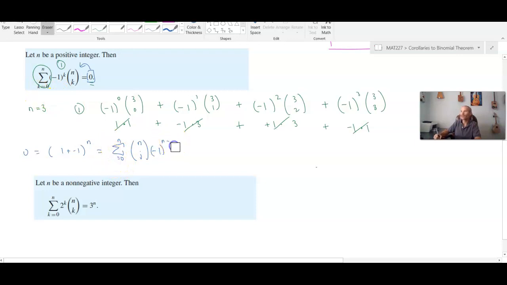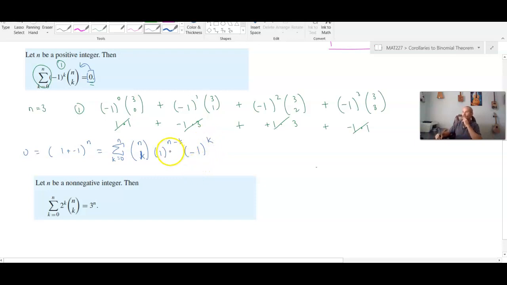I mean, if we end up with the same thing, but k's are replaced with j's, that's the same answer. But let me go ahead and say this is k equals 0. So this will be n choose k. This will be positive 1 to the n minus k multiplied by negative 1 to the k power.